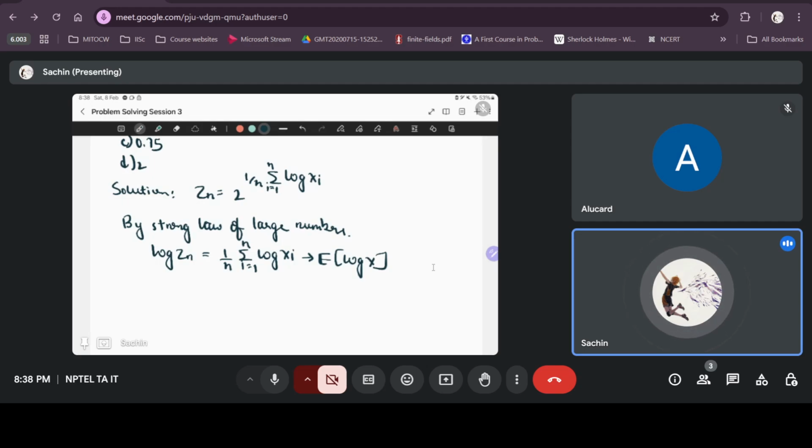Here you are not directly taking the sample mean, you are taking the sample mean of the log of the random variable. Then the sample mean converges to the expected value. That's what the strong law of large numbers says.